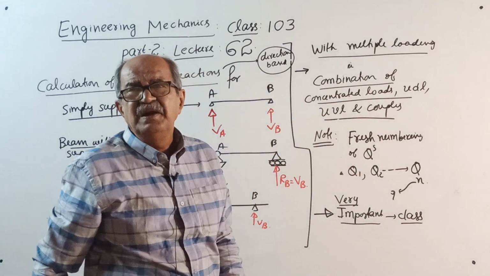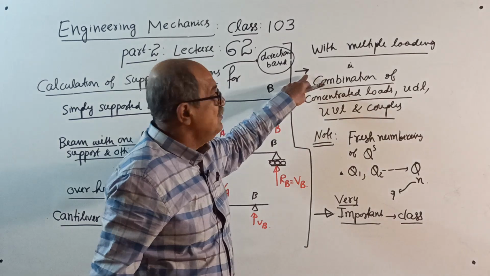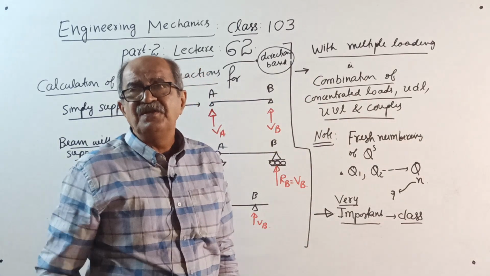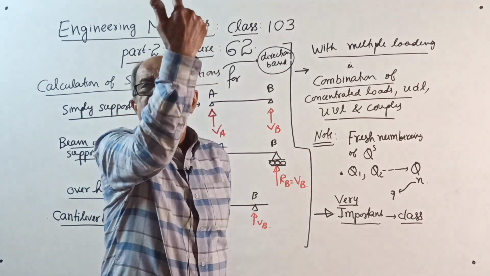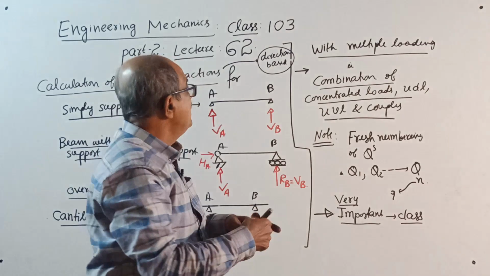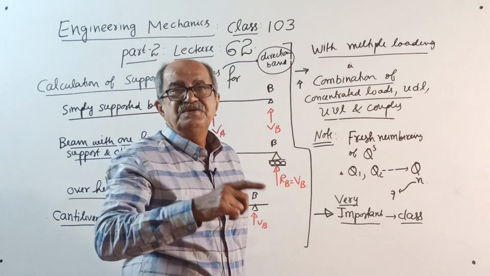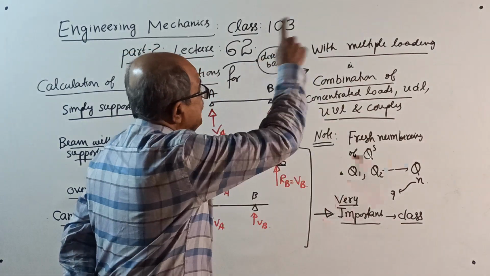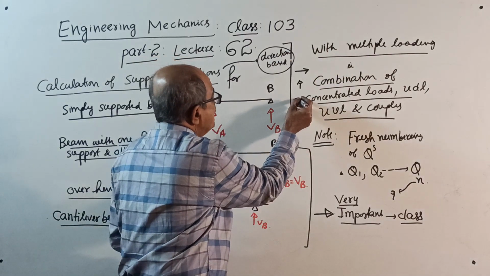Whether you take right side positive or left side positive, the answer will come the same. The sign convention has no effect on the answer. Vertical forces, either upward positive or downward positive, we will take upward positive. Moments or couples, either clockwise positive or anti-clockwise positive, we will consider clockwise positive.